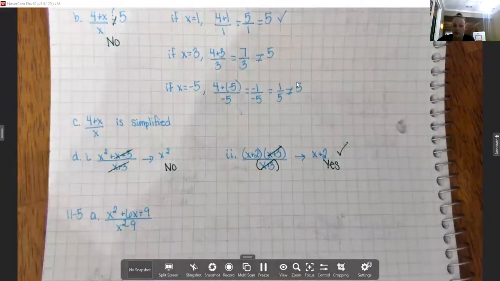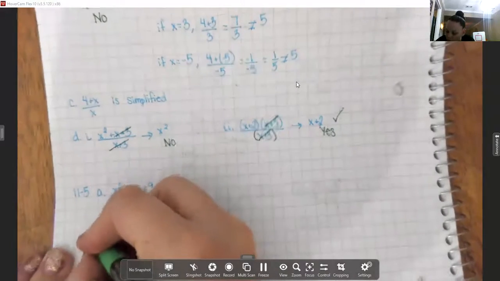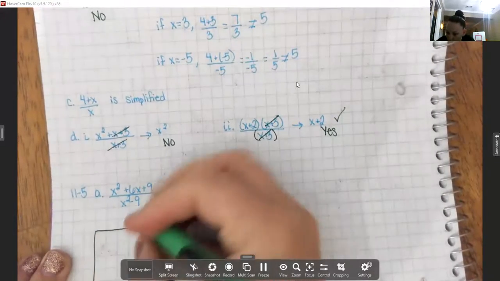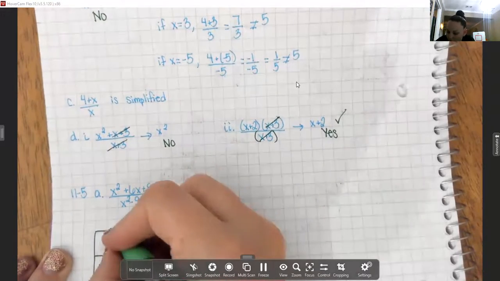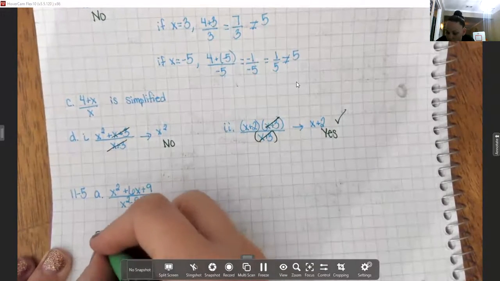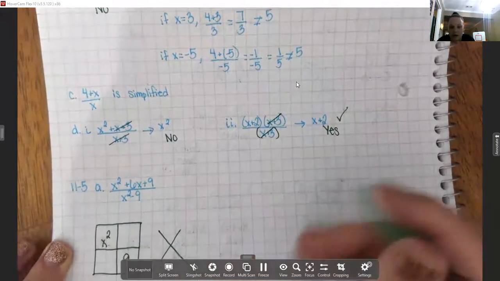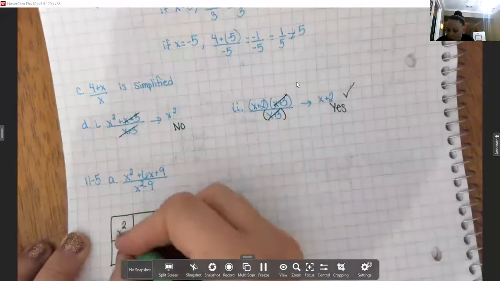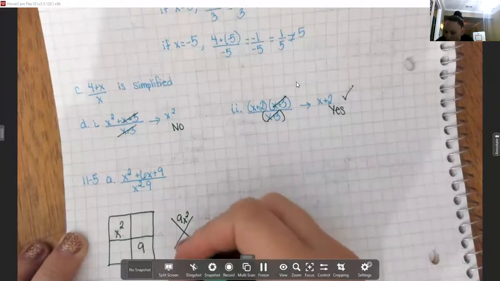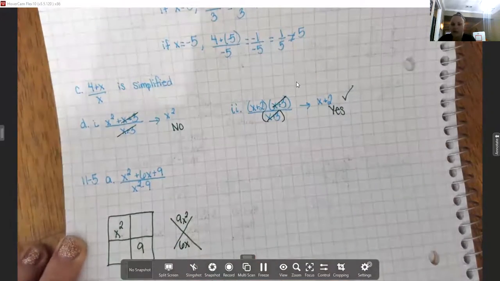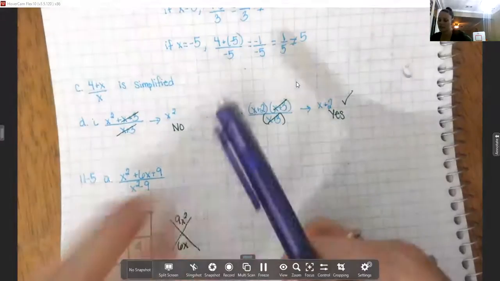So x squared plus 6x plus 9. I'm going to factor my numerator first. Hopefully you remember how to factor, or this will be a very difficult section. So x squared and 9. We have our diamond. If you want to use a diamond or use the product of the diagonals, the same idea. This is 9x squared on top, 6x on bottom. You're asking yourself what two numbers multiply to 9 but have a sum of 6.